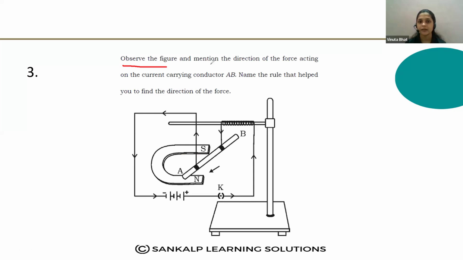Observe the figure and mention the direction of the force acting on the current carrying conductor AB. Name the rule that helps you find the direction of the force. Here, just observe this setup.